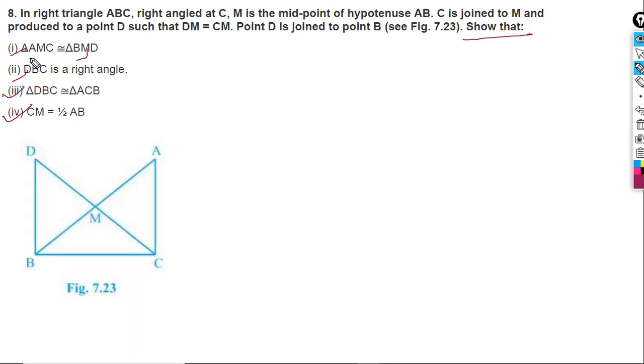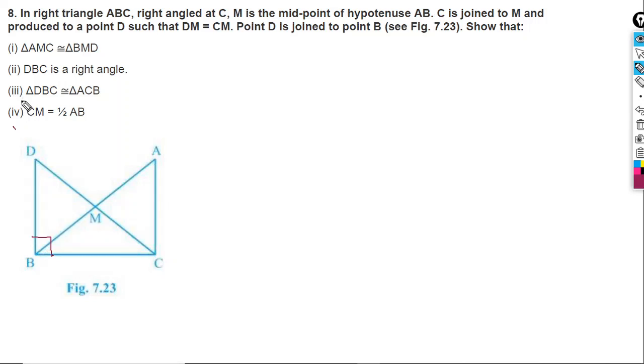Let's see one by one. (i) Triangle AMC is congruent to triangle BMD. Okay, first we will prove this. (ii) Then DBC is a right angle. Okay.